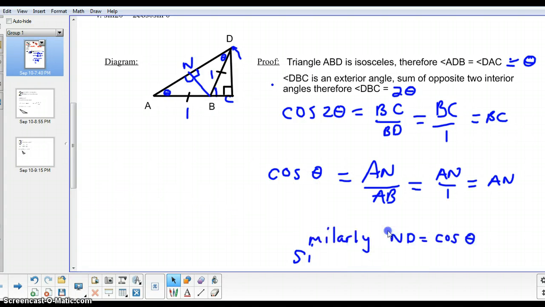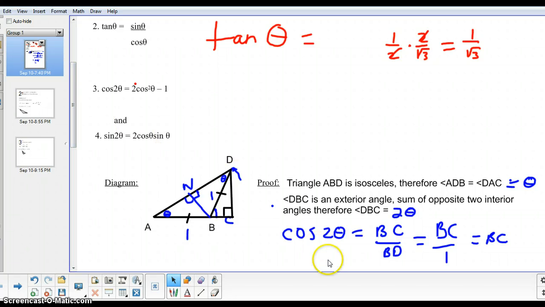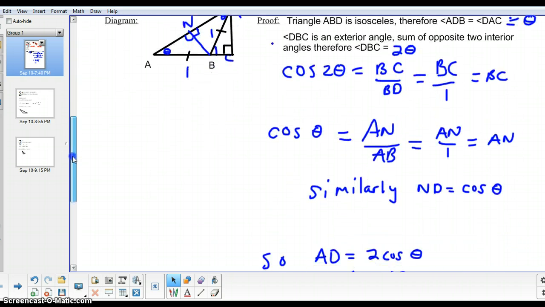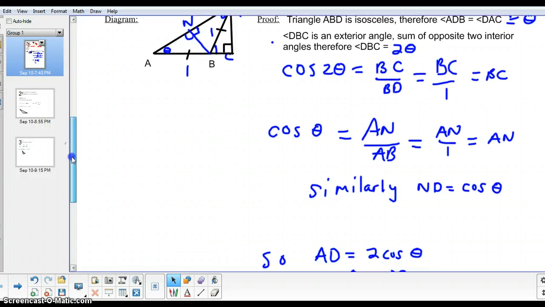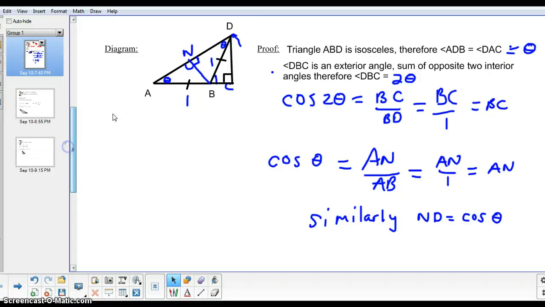Now remember where we're trying to go with our equation, and we know what cosine 2 theta is. We need a cosine squared theta. So we're going to try to set up a relationship. The first one is looking at our AD here, the longer side.